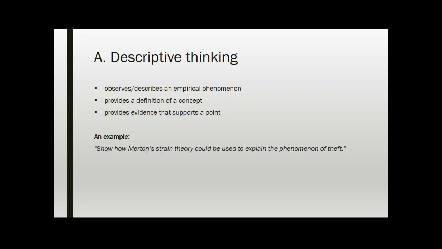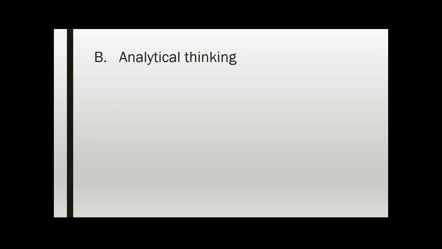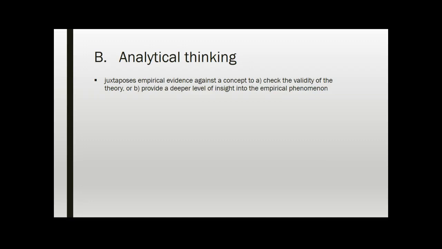Here's an example. Show how Merton's strain theory could be used to explain the phenomenon of theft. So essentially, to answer that question, you would be employing descriptive thinking in order to provide evidence to support the point.